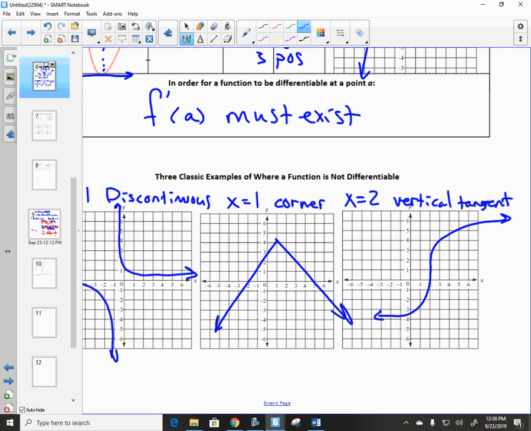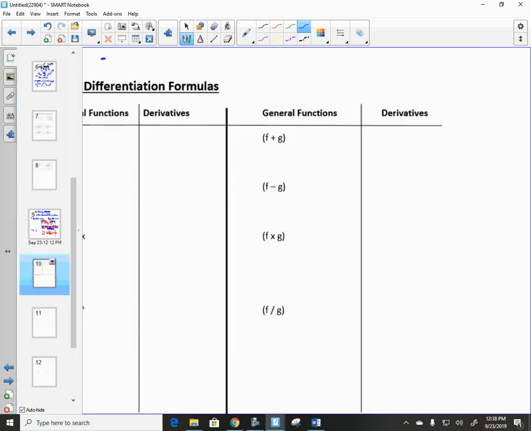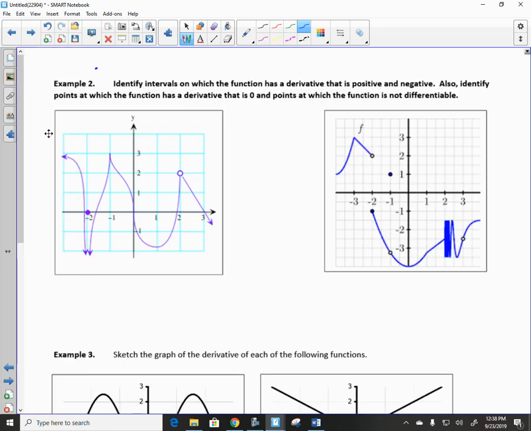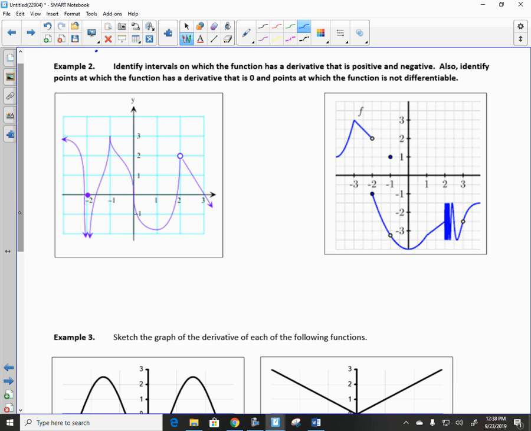Flip it over. Whoa, what happened there? Okay, it says identify intervals on which the function has a derivative that is positive and negative. Also identify points at which the function has a derivative that is 0 and points at which the function is not differentiable. So let's look at this example right here.